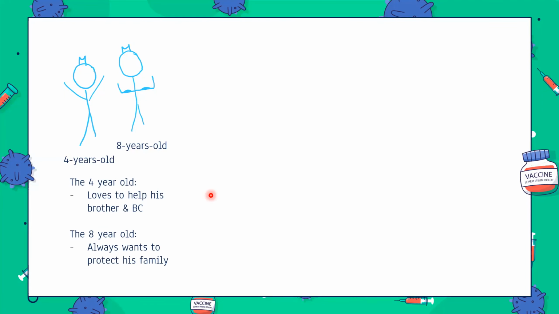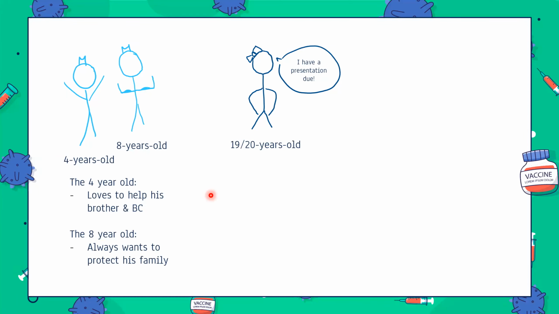All right, our next character was her. And who was she? How old was she to begin with? B cell 19. Okay, perfect. So she was 19 to 20 years old. And what was her role? How was she related to those boys? She has a presentation due, yes.